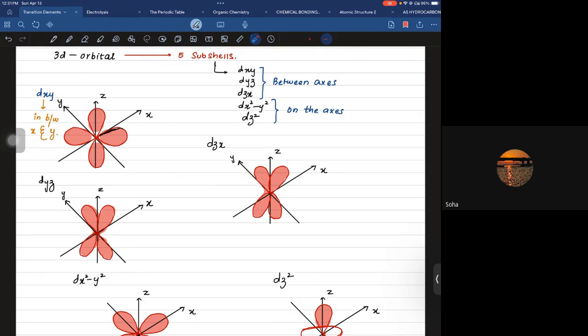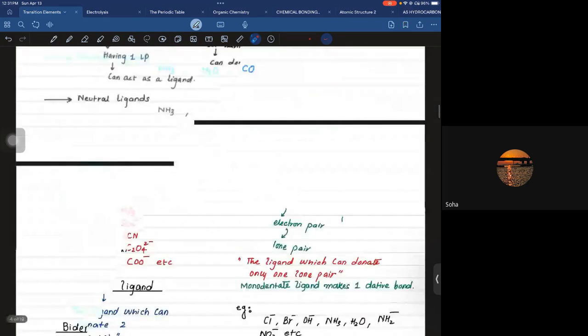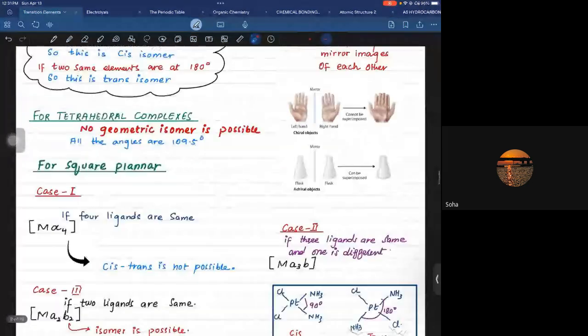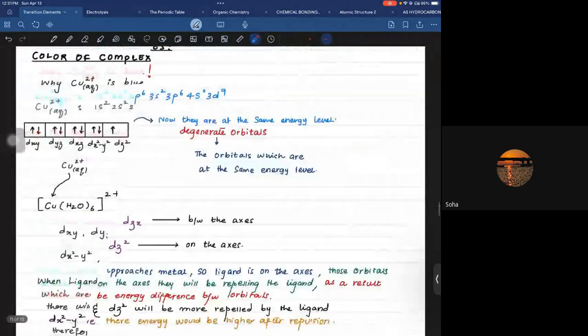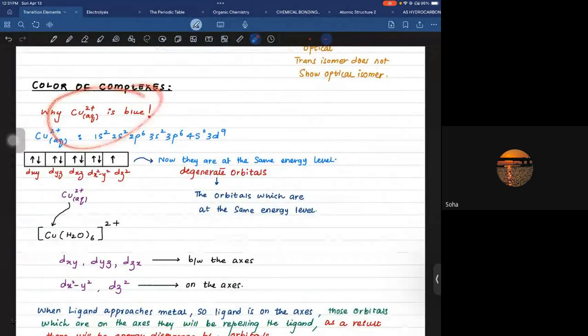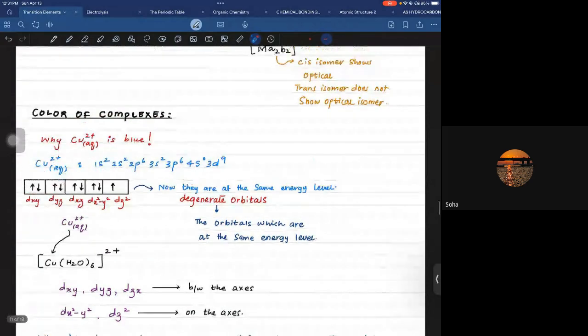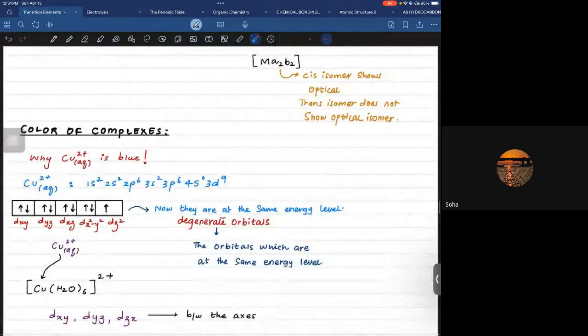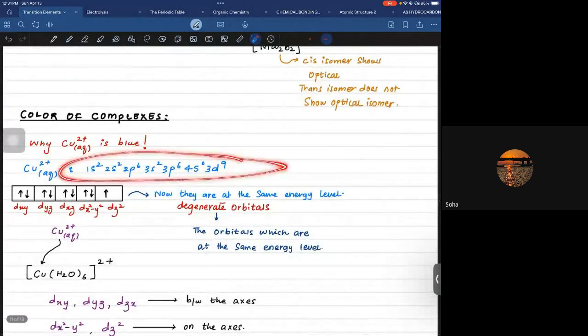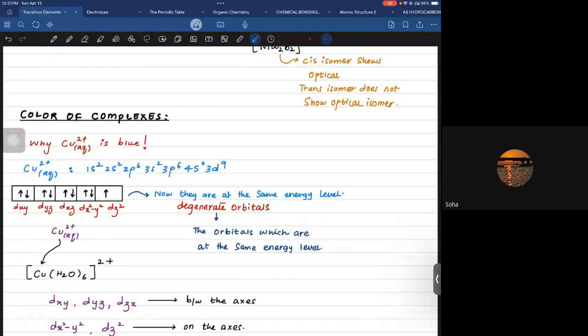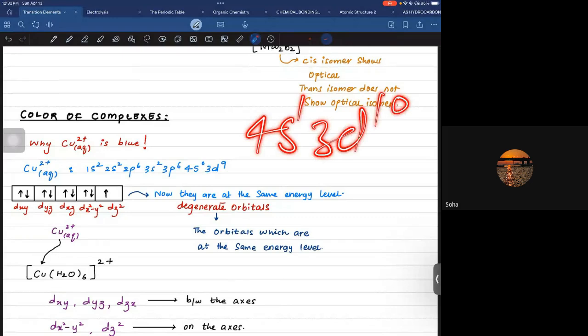Then what would happen? Let's suppose copper 2 plus is blue. The configuration for copper is 1s2, 2s2, 2p6, 3s2, 3p6, 4s1, and 3d10. Copper 2 plus means that it has to remove 2 electrons. After the removal of 2 electrons, it becomes 3d9 and 4s0.